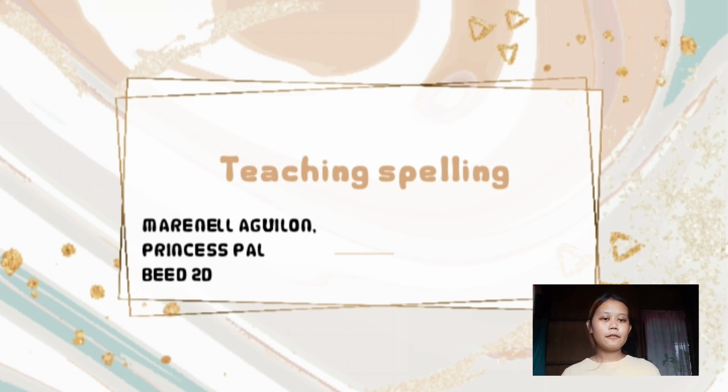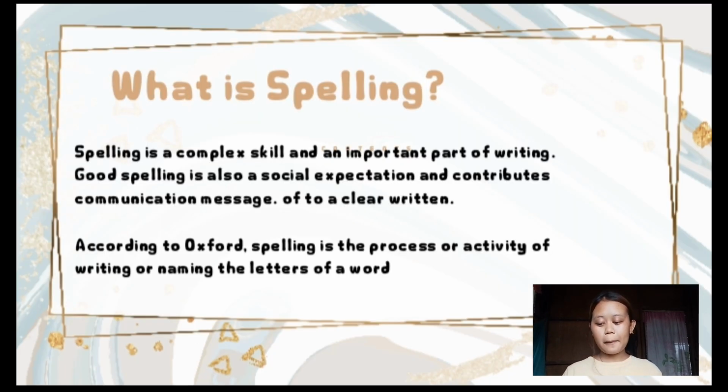So, before we proceed to our topic, let's first define what spelling is. Spelling is a complex skill and an important part of writing. Good spelling is also a social expectation and contributes to clear communication in a written message.